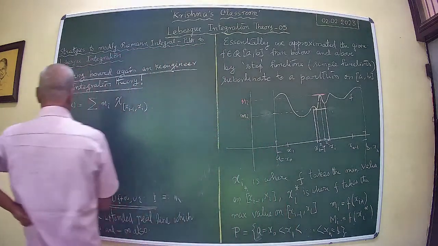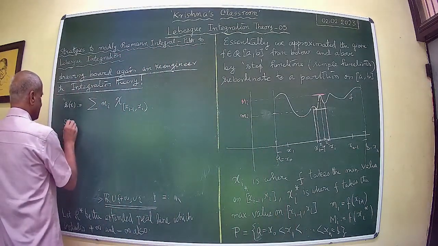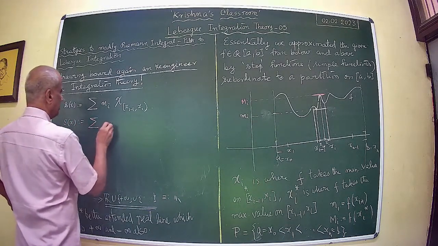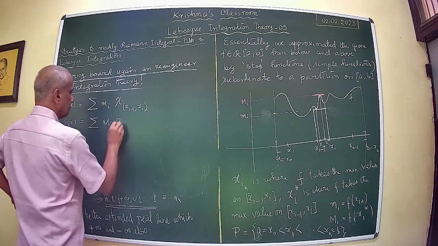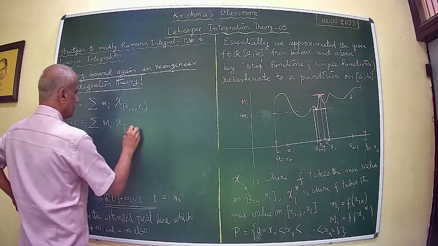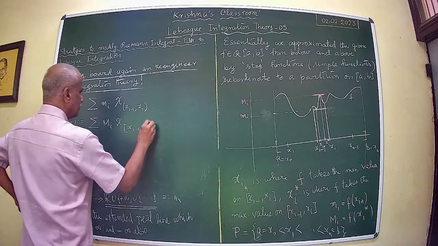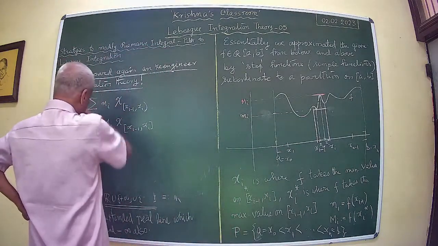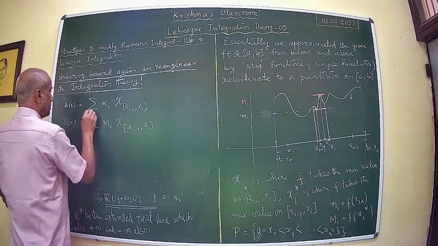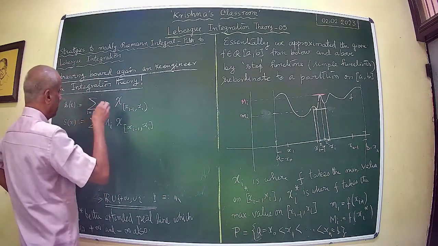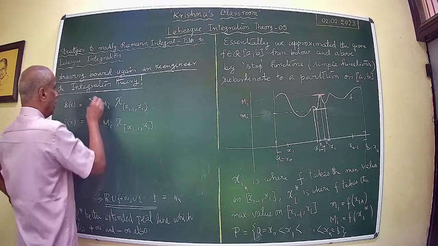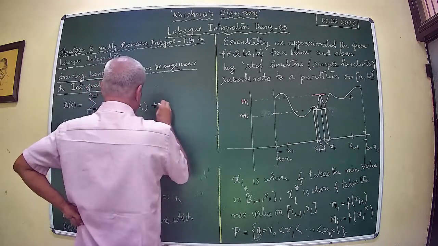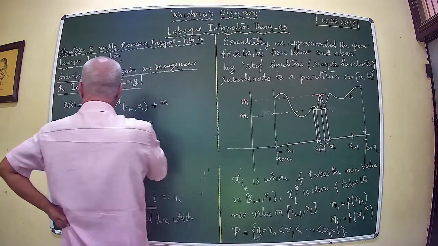and Sx defined as sigma, and this is for I equal to 1 to n minus 1 plus m n.